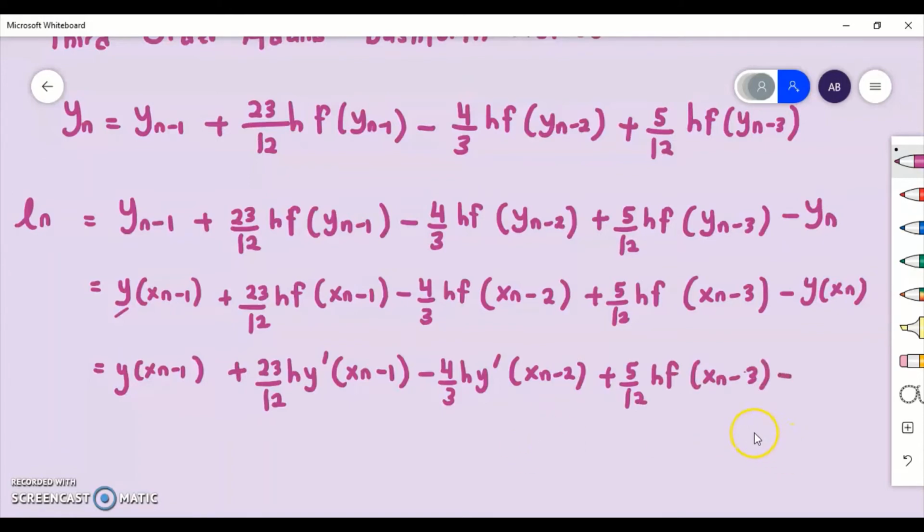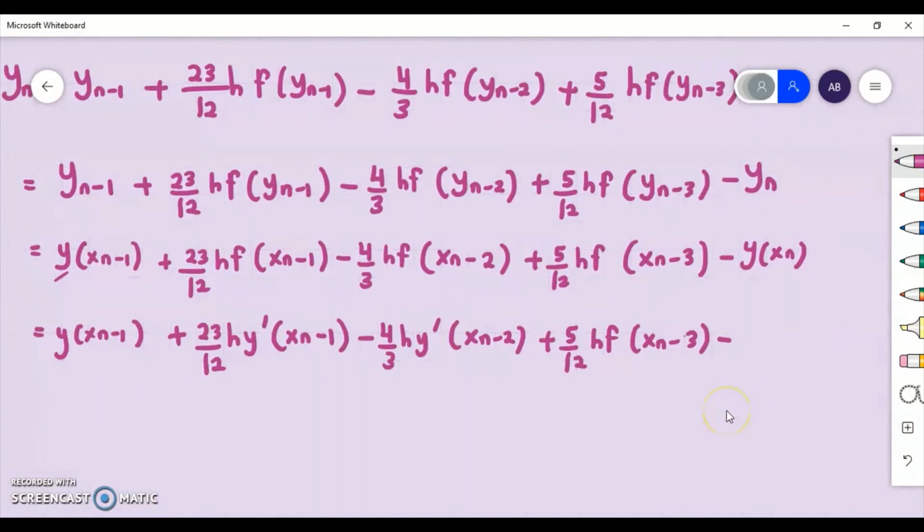Okay, now I would like to expand this in terms of series, so I can write this as xn minus 1 plus h.